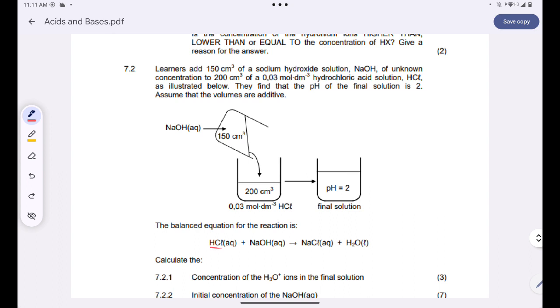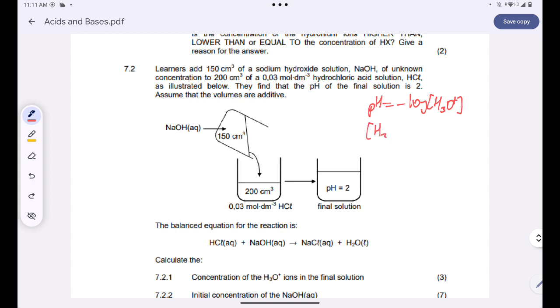They've given us the balanced equation there. The first question, they want us to calculate the concentration of hydronium ions in the final solution. We are given the pH, right? I know that pH is equal to negative log of the concentration of hydronium ions.